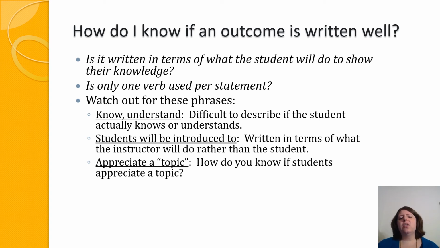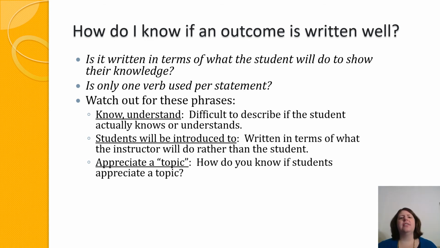The next one says students will be introduced to. So that's actually an example of when I might write an outcome in terms of what I do instead of what the student does. The next one, appreciate a topic. Appreciation, how do you measure someone's appreciation? And so once again, it's kind of like know and understand. How do you know?